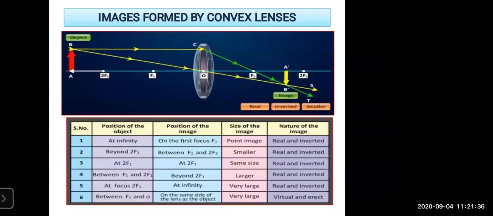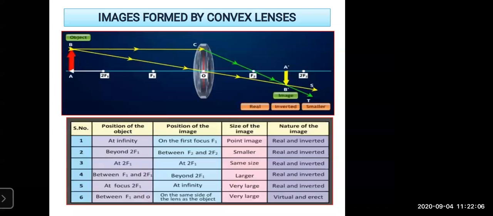Now the principal foci are F1 and twice F1, F2 and twice F2. The optical center is there on the principal axis. Now look, students, the first ray is incident parallel to the principal axis and gets refracted when it passes through the convex lens.